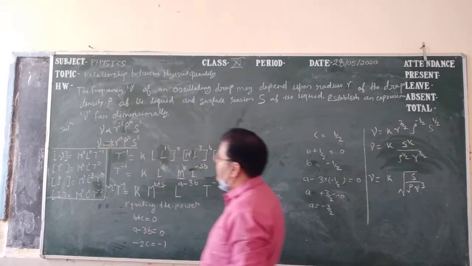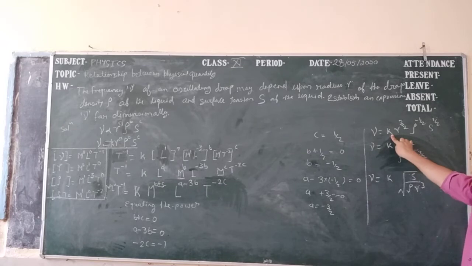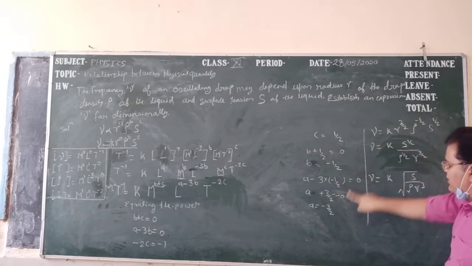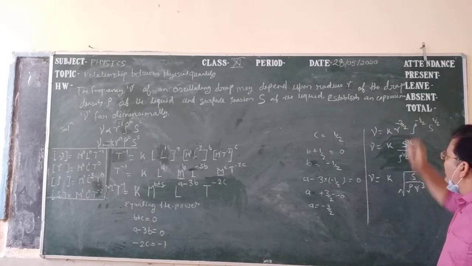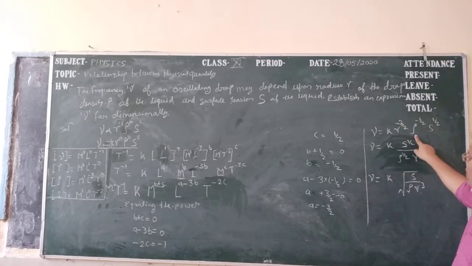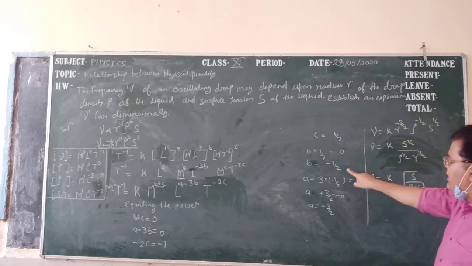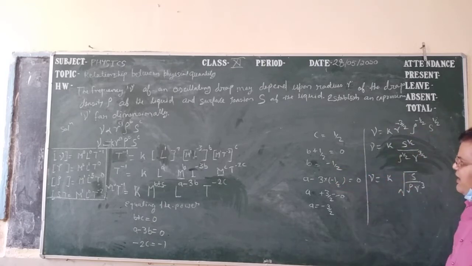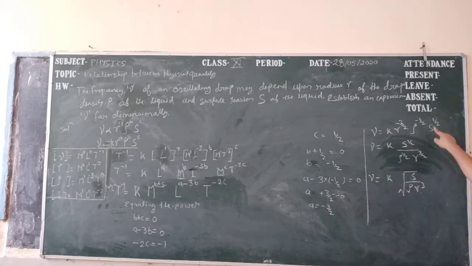Putting the values of a, b, c in our first equation, nu equals K, R to the power a, the value is minus 3 by 2, rho to the power b, value minus 1 by 2, and S to the power c, value of c is 1 by 2.